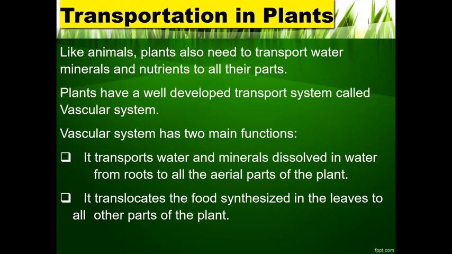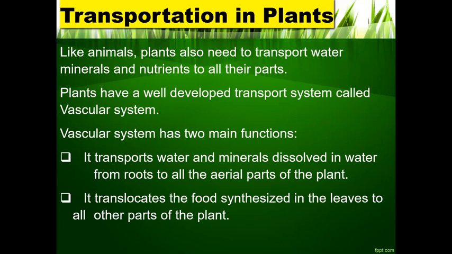Like animals, plants also need to transport water, minerals, and nutrients to all their parts. In plants, water and food are the two materials which are transported from one part of the plant to another. Plants have a well-developed transport system called vascular system.